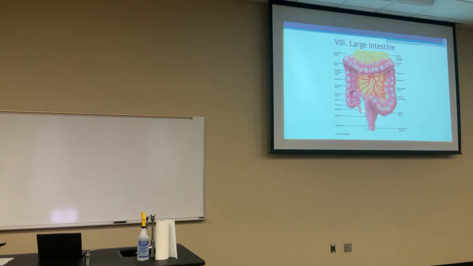So we just have a remnant of it that's called the appendix. And the appendix does get infected sometimes. There is some lymphoid tissue in the walls of the appendix, which may help fight infection, but sometimes it'll get infected anyway.